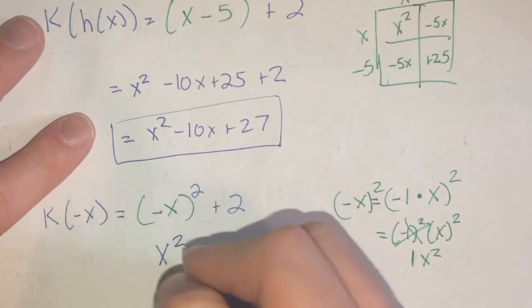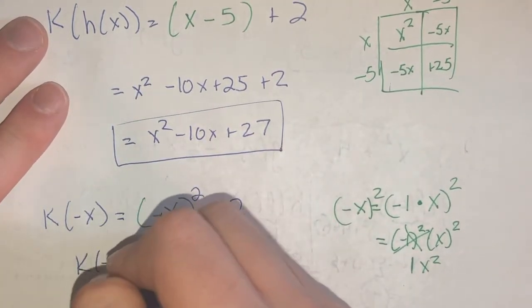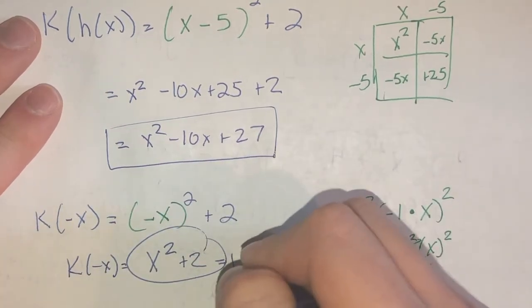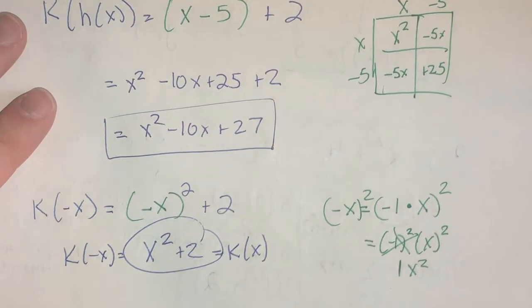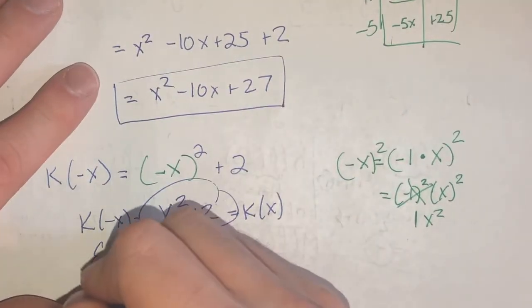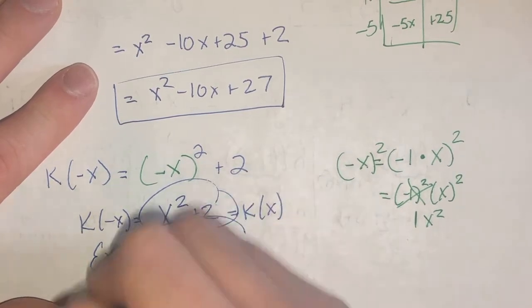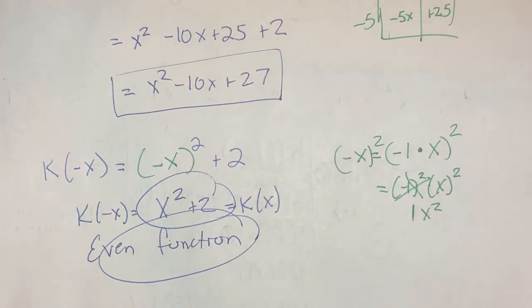So look at this, this is really cool. k of negative x is actually the same thing as k of x in general. And what that means is this is what we call an even function. An even function means if you plug in a number and then you plug in its opposite, you're always going to get the same output.